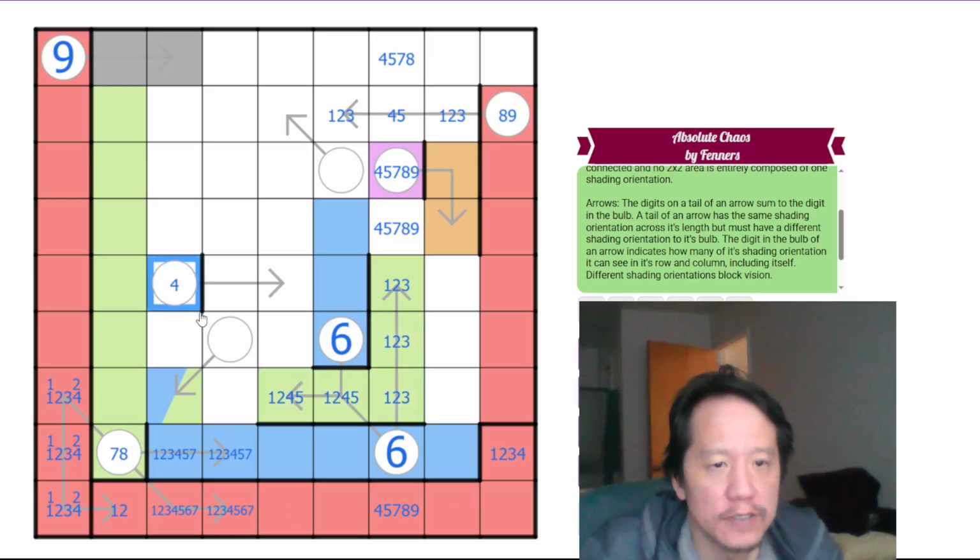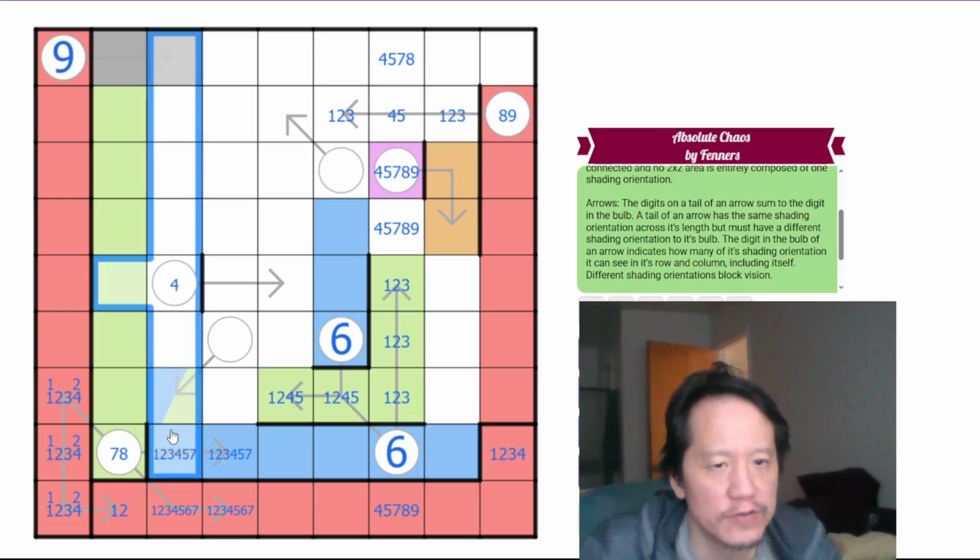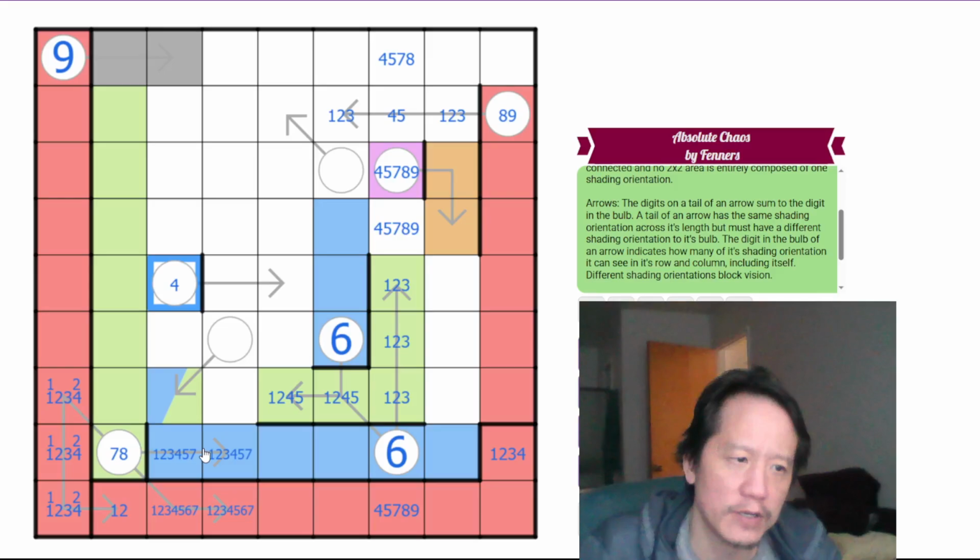This can see up to 9, right? No, it can't be 9. If it's 9, this would be green and it would see all of these. Actually, can this ever be green? If this were green, it has to be greater than 4. So it has to be 4 at least.